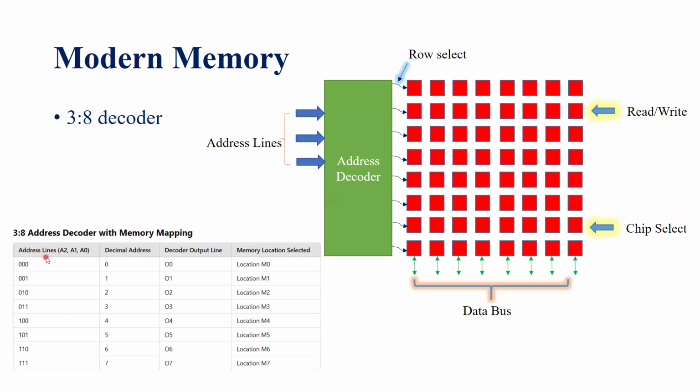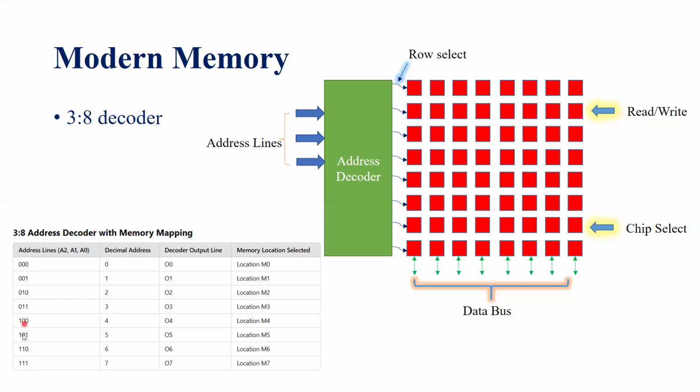So you have these three address lines. Let's name them A2, A1, A0, starting from the MSB, the most significant bit, and A0 is the least significant bit. You get this address of the memory because there are three bits, A2, A1, and A0. Start from 000, 001, this is a binary system, up to 111.